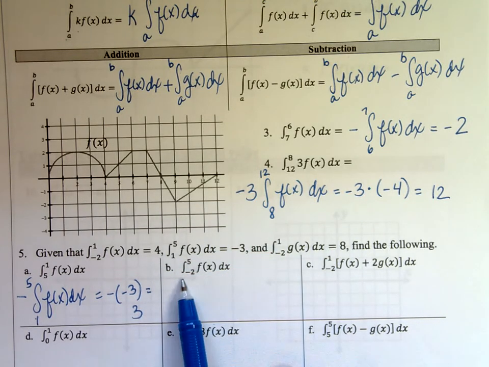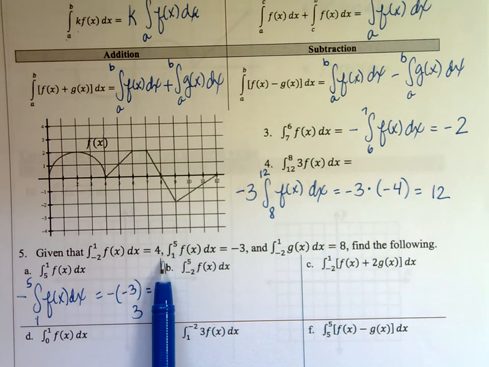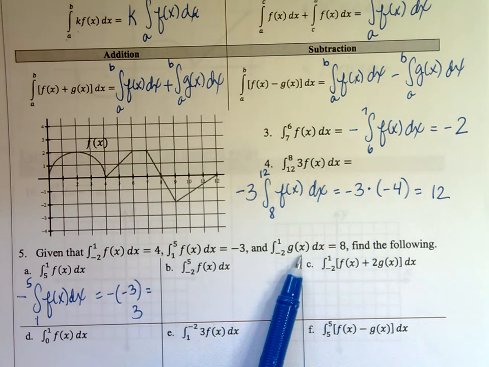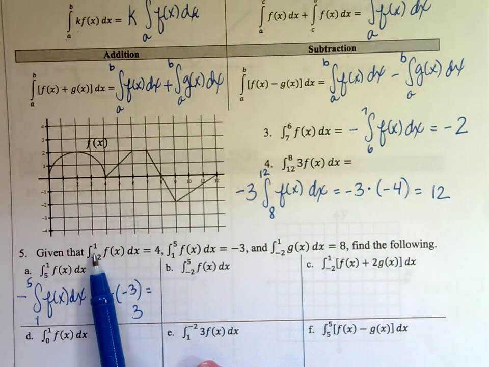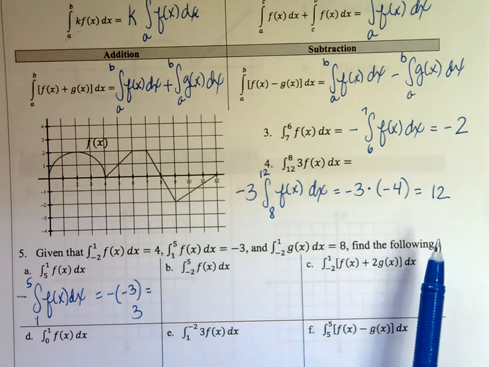The next one's perfectly fine with my negative 2 to 5. My bounds are in the right places. Do I have a negative 2 to 5? I do not, right? But I have a negative 2 to 1 and a 1 to 5. So it's kind of like that segment addition one where you're forgetting about the C thing.